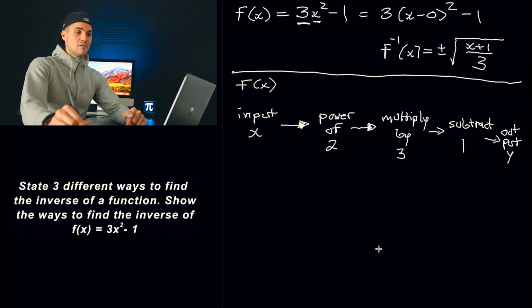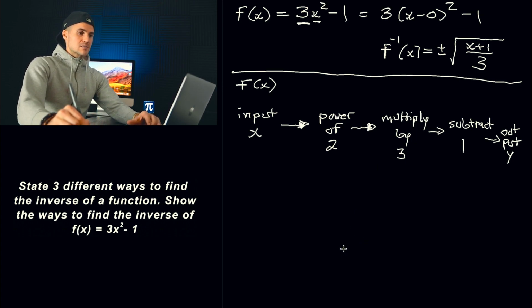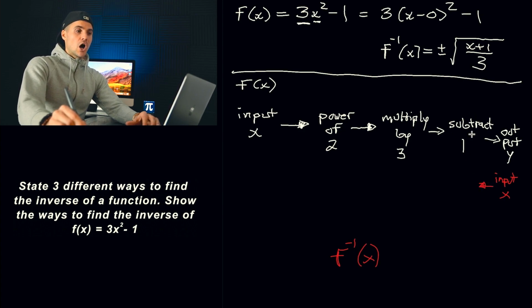Well, now for the inverse, let's actually do it in a different color. What's going to happen is with the inverse, you're going to start on this side. So we're going to have an input x, and you're going to go the opposite way, and then you're going to do the opposite operations that are listed.